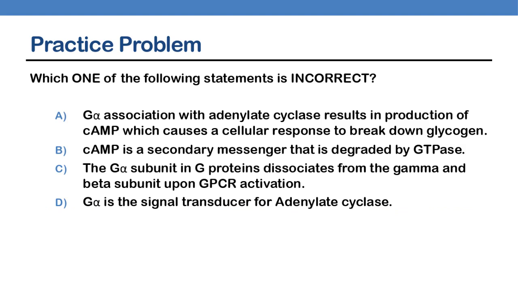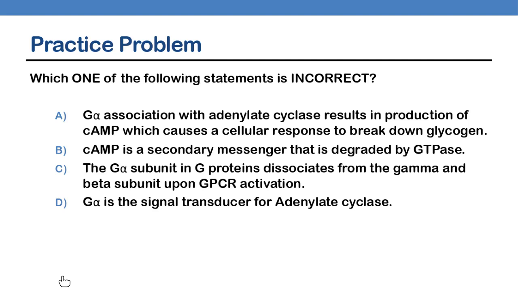Okay, for the most part, we have most students responding with B. We have some saying C. So the alpha G protein dissociates from the gamma and beta subunit upon GPCR activation. When you get that conformational change, you're going to switch out the GDP for GTP in the alpha G protein, and then that's going to cause the dissociation.